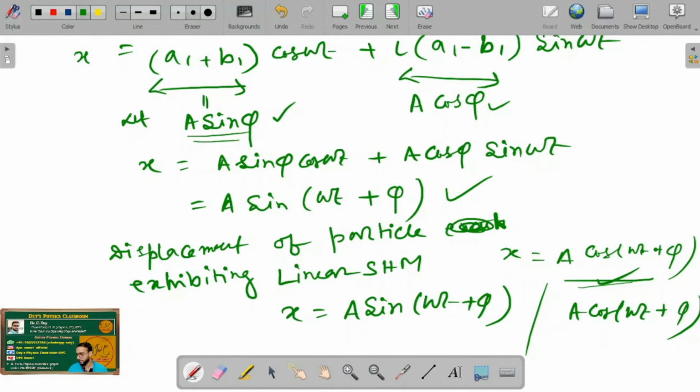So this is the solution of the differential equation of linear simple harmonic motion.